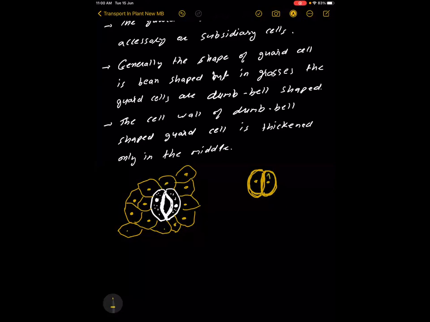Water enters and develops turgor pressure on the wall. Similarly, because of this, there is no opening of the stomata.